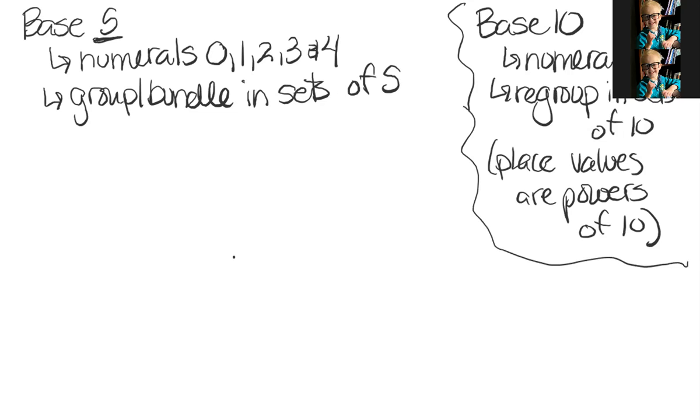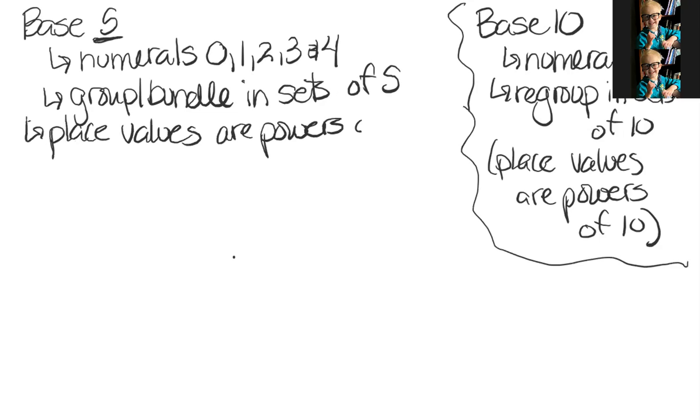So that's going to be the same thing with whatever our base is. In this case, if we're in base 5, then our place values are powers of 5. And this is important not only for understanding base 10 and how base 10 is powers of 10, whether those are positive powers, bigger numbers, or negative powers when you get into the decimals, but it helps to really solidify this understanding of place value.